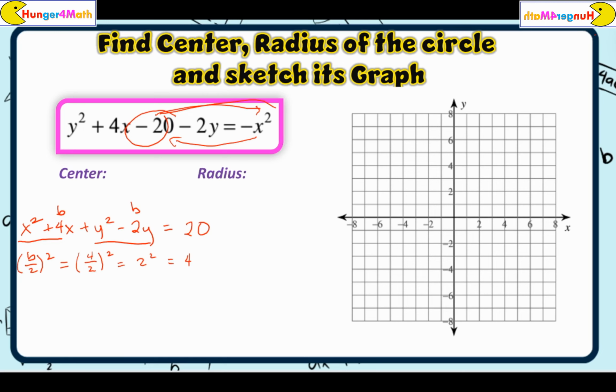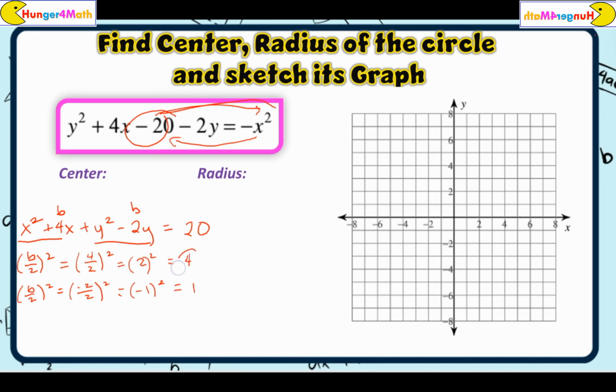For the y, we're going to use the same thing, b over 2 squared. For the y it's negative 2, so that will be negative 2 over 2 squared, which is negative 1 squared, and negative 1 squared is positive 1.